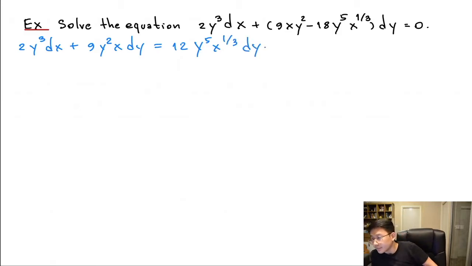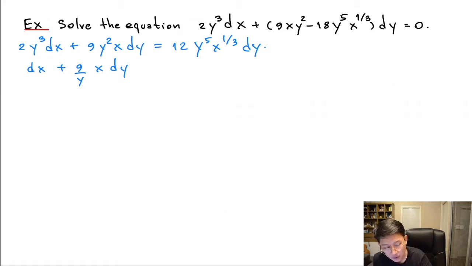Okay, and then I divide the whole thing by 2y cubed, so I get the x plus 9 divided by 2y x dy. Oops, sorry, I divide the whole thing by y cubed, so I have y divided by y x dy, right?